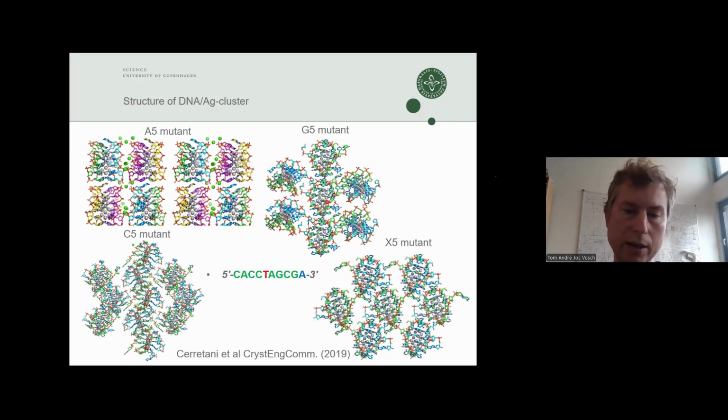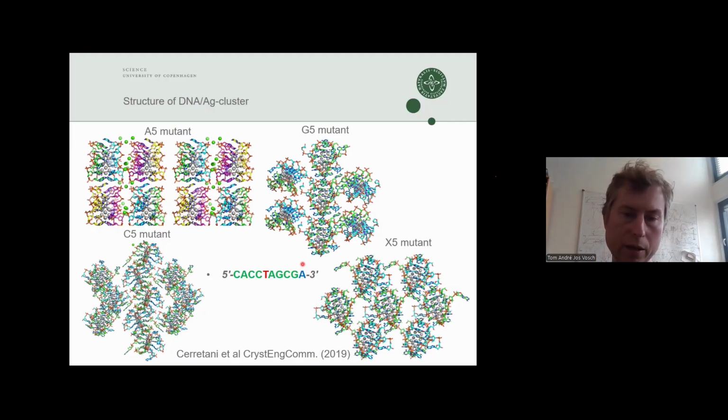So it turns out that there are certain nucleotides in the DNA sequence that encode which cluster is stabilized, but there are also other ones, for example, the T in position 5, that can be used to change crystal packing interactions. And maybe some of them might also not be so relevant. For example, the A at the end can be removed and we still can form the same emitter.